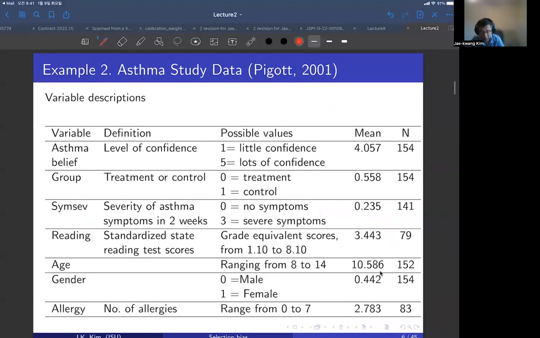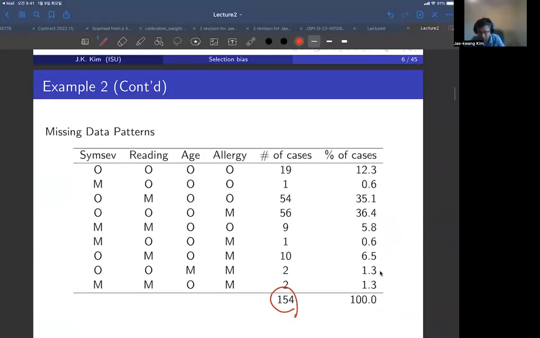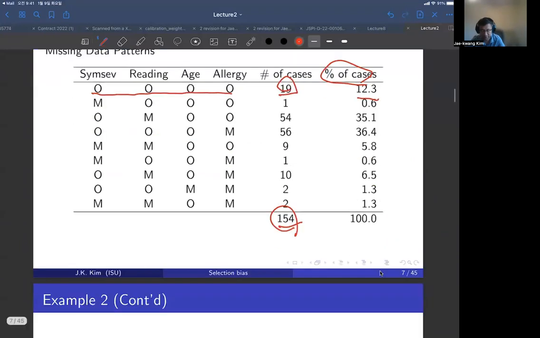Another example is in this paper, where you have 154 cases with partial missing. Among the 154, you have only 19 cases that observed everything. So you only have 12% of the complete observation, and everything else you have a partial response.